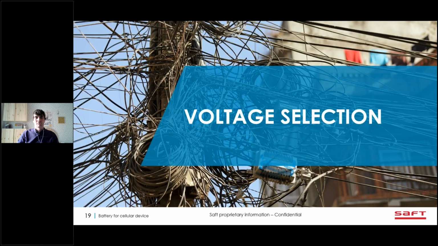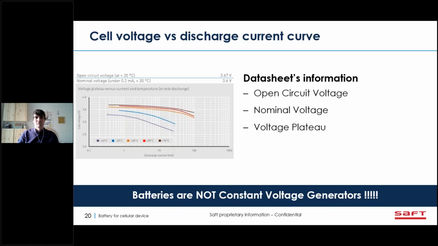The first thing to look at is the voltage selection. If I take one example, an AA size cell in lithium thionyl chloride, I will find in the datasheet the open circuit voltage at one temperature. I will find the nominal voltage under a certain level of discharge rate at one temperature.